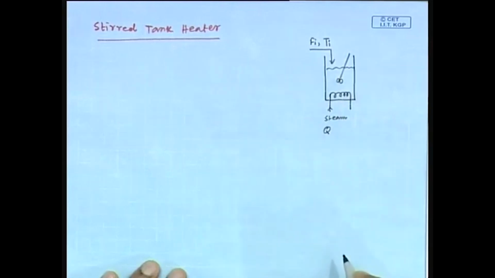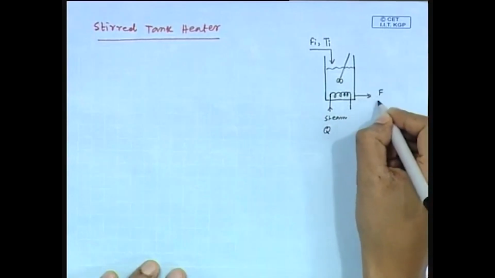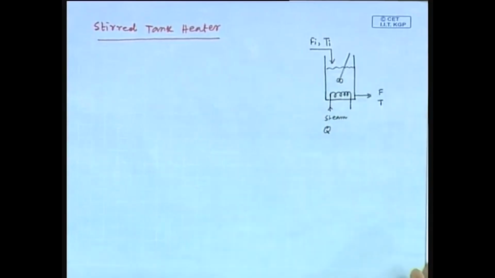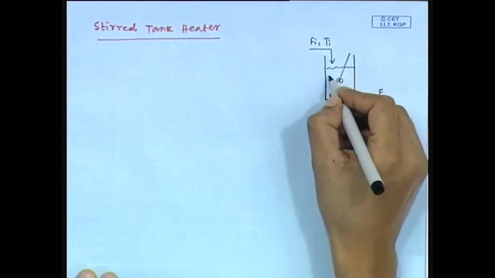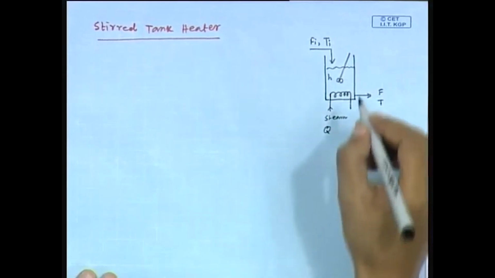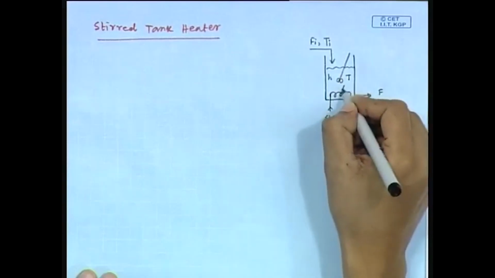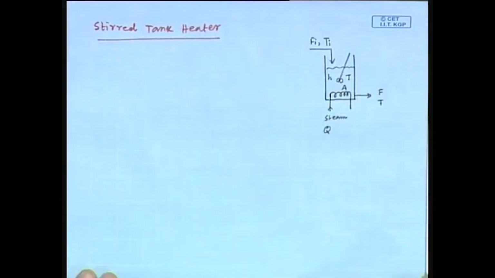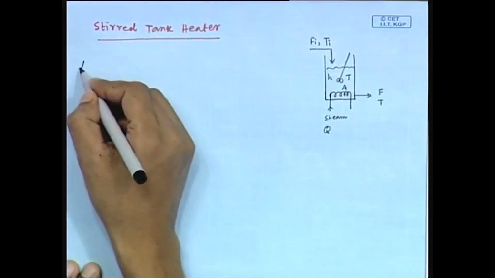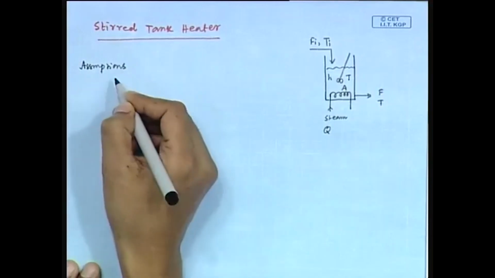Suppose the flow rate is Q. The outlet flow rate is F and the temperature is T. Now, the liquid in the tank has a height of H, the temperature here is also T, and the cross-sectional area of this tank is A. Now, before developing the model, we need to consider some assumptions.